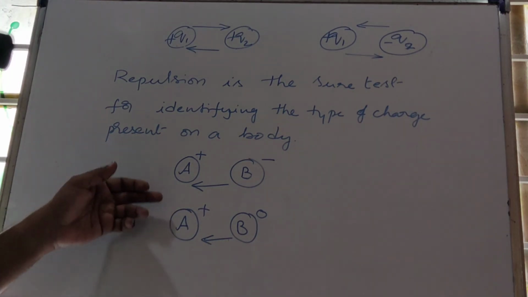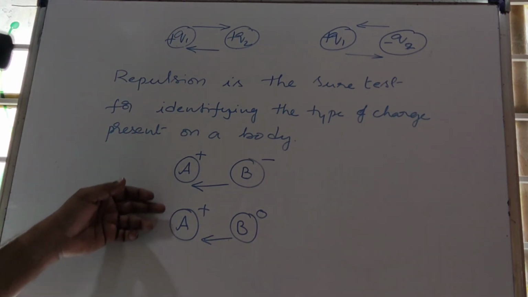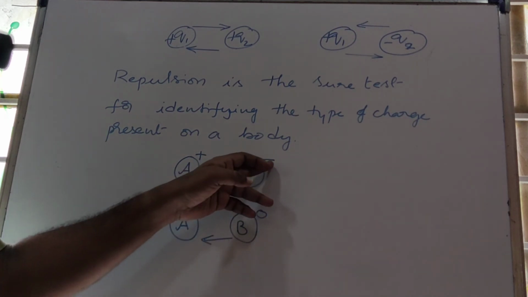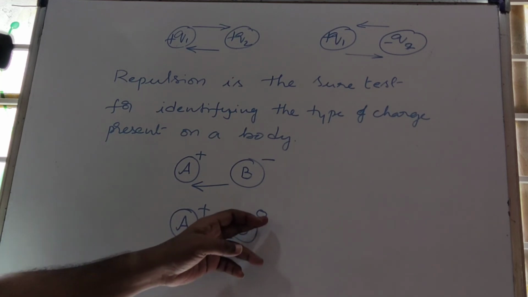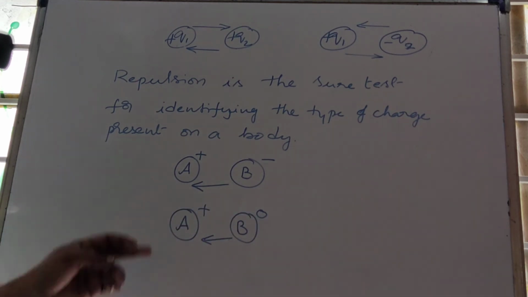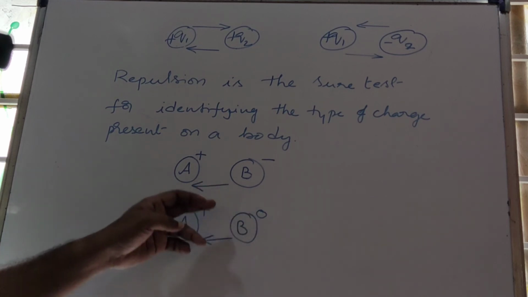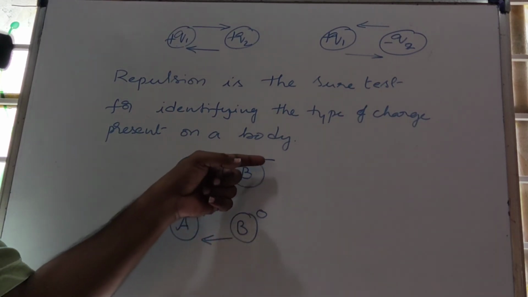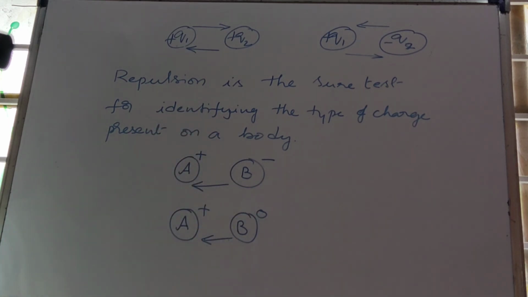Okay, so in these two cases we are having attraction, when the second body is negatively charged or neutral. So we cannot find out what type of charge is present on the second body, whether it is negative or neutral. We cannot specify exactly what type of charge is present on the second body in the case of attraction.